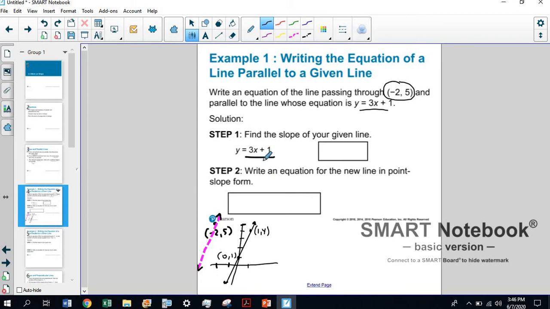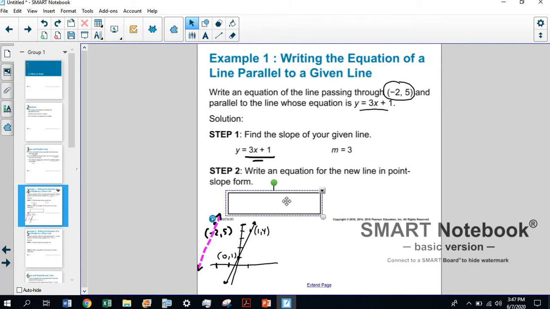The first thing we do is find the slope of our line. Well, our line is in y equals mx plus b form, and so the slope of that line is equal to the number in front of the x. It's just 3. So the slope is 3. And now we use that slope and our new point, negative 2, 5, to find the equation in point slope form.